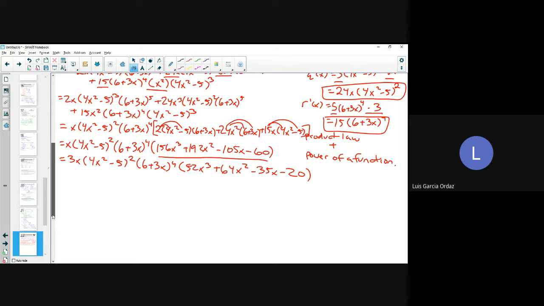So, can we factor out anything else? Is there anything else we can factor? We can factor out this thing over here. We can factor out a 3, okay?